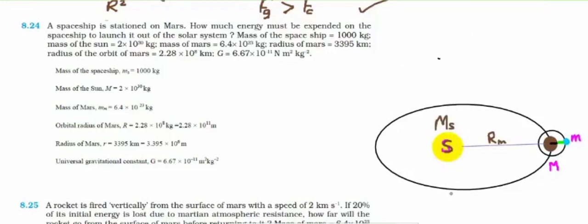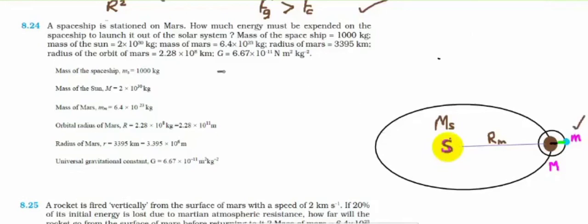Now, how much energy do you need to supply there? That is the question. The concept is the spaceship can escape provided its total energy is zero. So what is the total energy of the spaceship due to the solar system? That is what we need to calculate there.